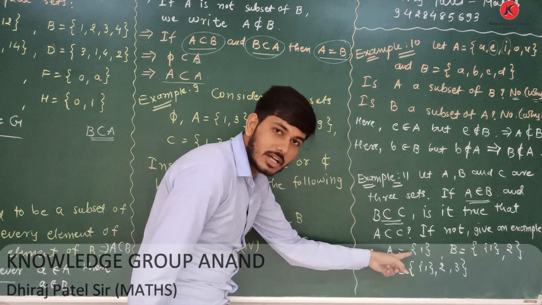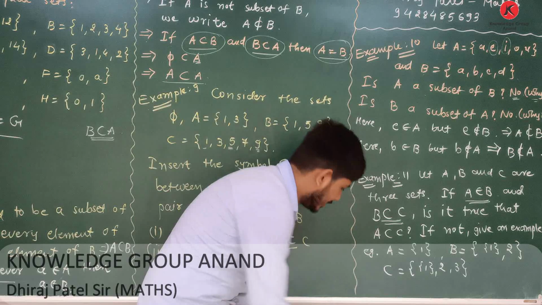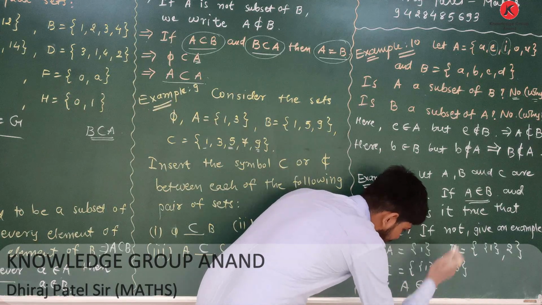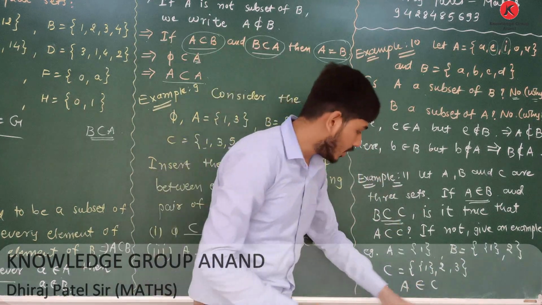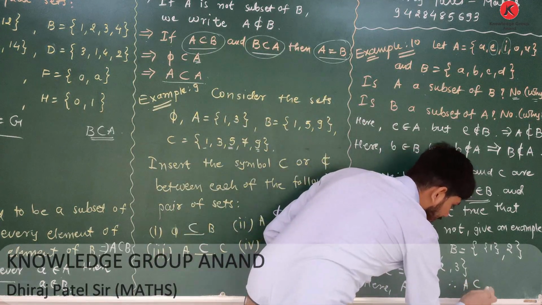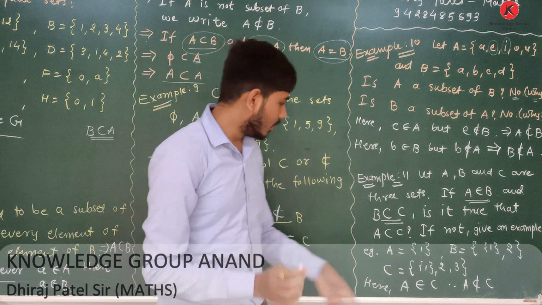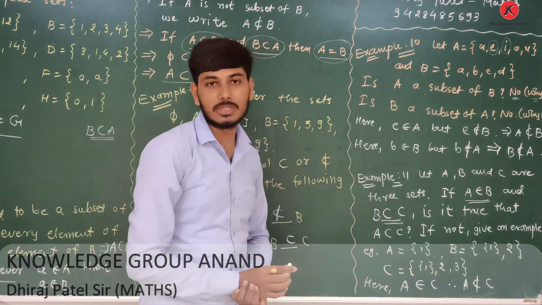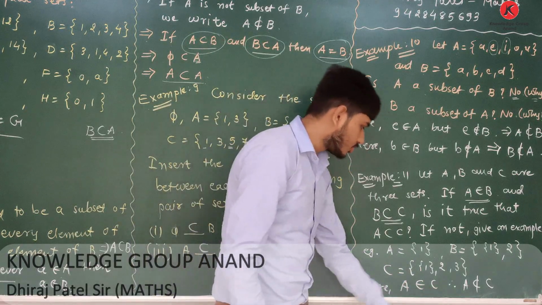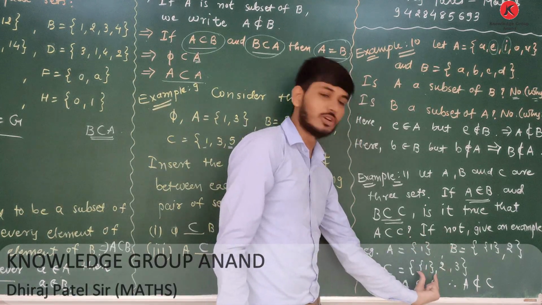Now see here, the set A is {1}, which is an element of set C. Here A is an element of set C, meaning A belongs to set C. Therefore we can't say that A is a subset of C. That means A is not a subset of C. All the elements of set A are not in set C, because this is the element: A belongs to C. Set A is the whole set, and it is an element of this.